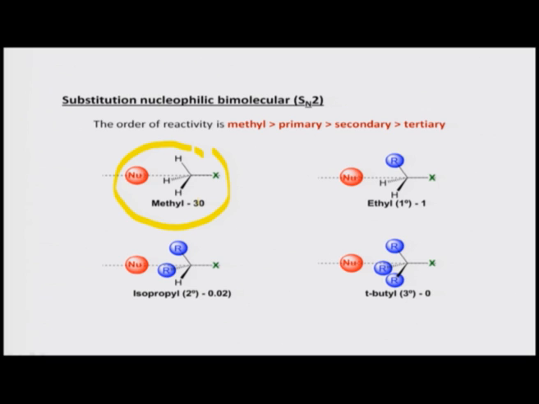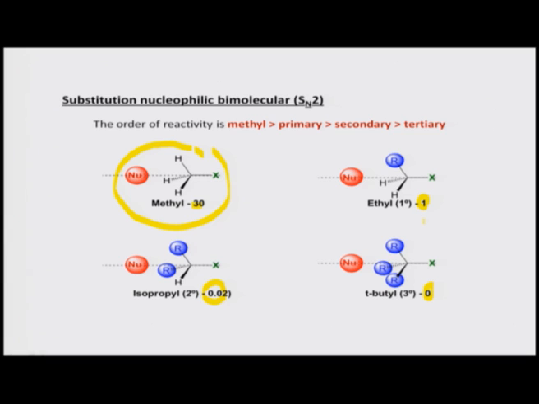The numbers that I have written here, 30 here, 1 here, 0.02 and a 0 written here, actually represent the relative rates of this reaction. If you assume that a methyl halide undergoes nucleophilic substitution with a rate of 30, the corresponding rate of an ethyl halide would be only 1, that of an isopropyl halide is 0.02, and that of a tertiary butyl halide is just 0.